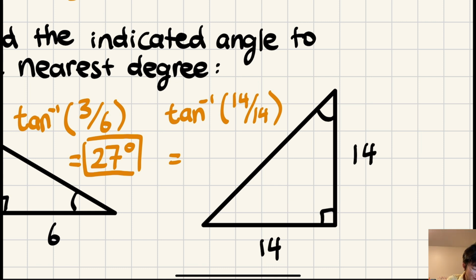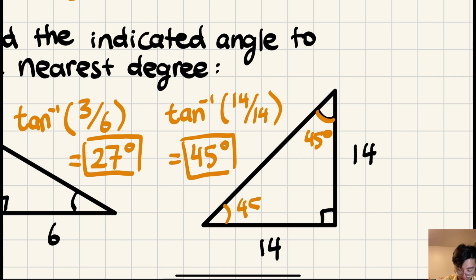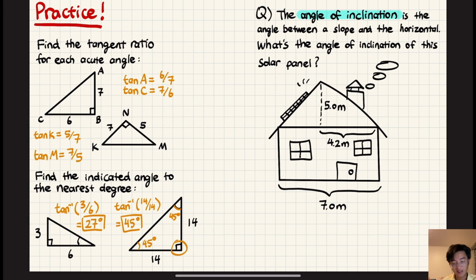If you get a right triangle with equal side length, we just have 45 degrees here, 45 degrees here, and a 90 degree right there. But the principle is the same, whether it's the same side length or not. You have the opposite over the adjacent, and then you inverse tangent it.